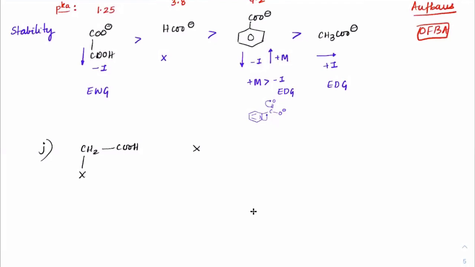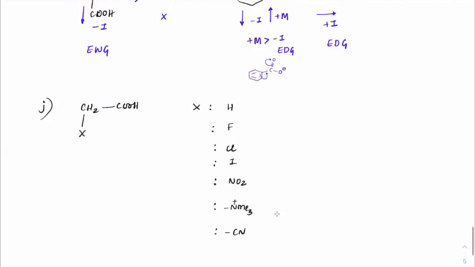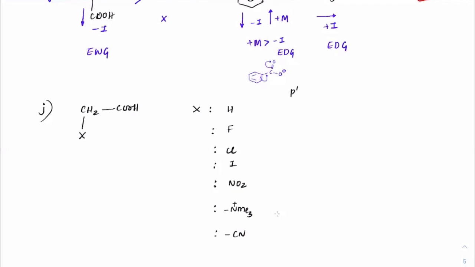So if I take X equal to hydrogen, or X being fluorine, chlorine, iodine, NO2, NMe3 plus, or cyanide, in all of these cases, you can analyze the pKa value. If X is H, that will be acetic acid, and the pKa value of acetic acid is 4.76.